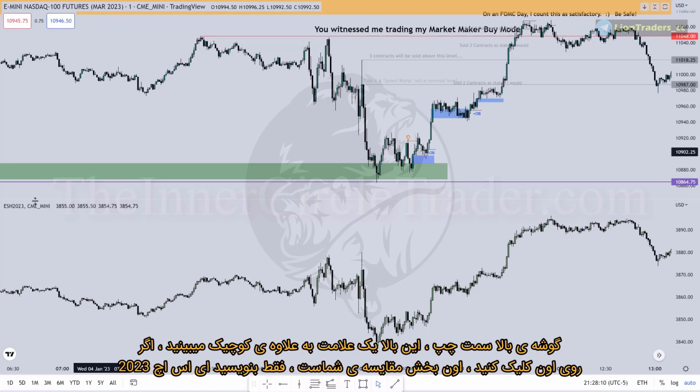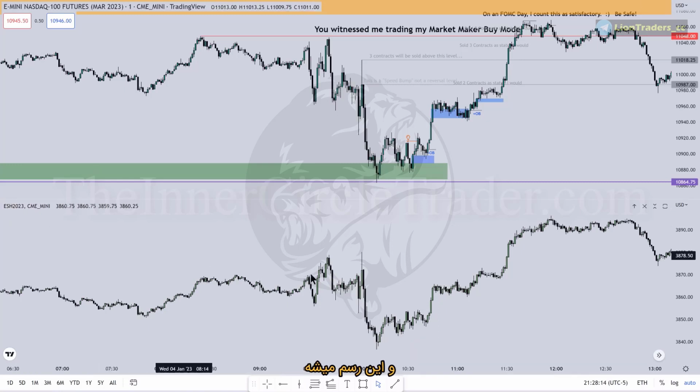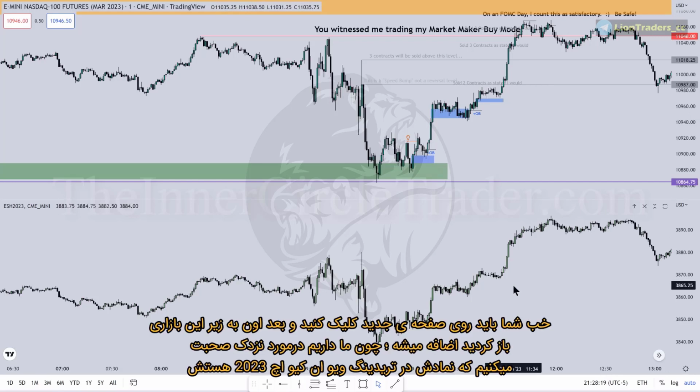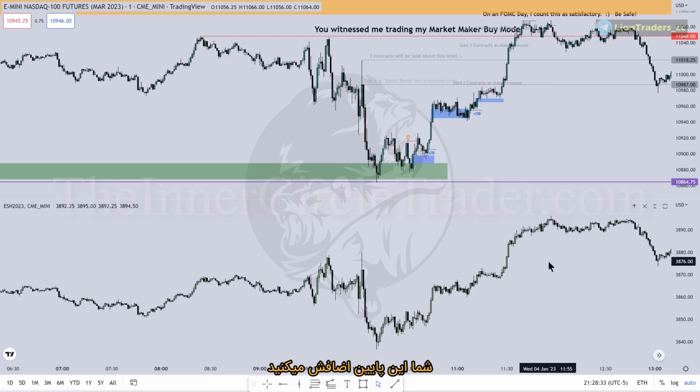You just type in ESH2023, and you got to click new pane, P-A-N-E, and then it'll plot it below the instrument you have open. Since we're talking about NASDAQ, which is NQH2023 for the symbol in TradingView, you would be plotting it down here.